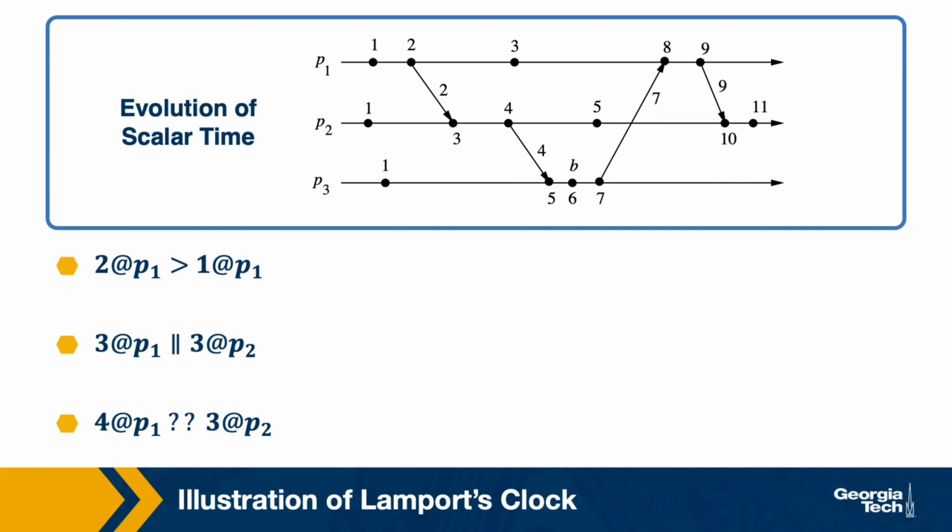But this is okay. This scalar timestamp value is still allowing us to establish an order. And if these events are observed by anyone in the system, they will all see the same timestamps associated with the events marked 3 in P1 and the event marked 4 in P2. And so everyone else will make the same conclusion that the event 3 at process 1 happened before the event 4 at process 2.